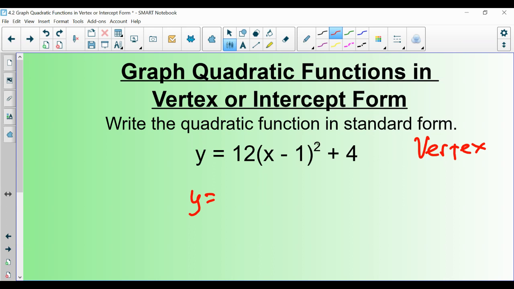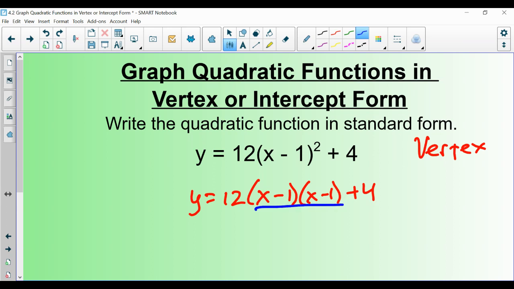Instead, what you have to think about is what does it mean to square something? Okay, and what it means to square something, hopefully you're saying to yourself it means to multiply by itself. So what 12 times x minus 1 squared looks like would be actually 12 times x minus 1 times x minus 1 plus 4, right? Because this is taking x minus 1 and multiplying it by itself.